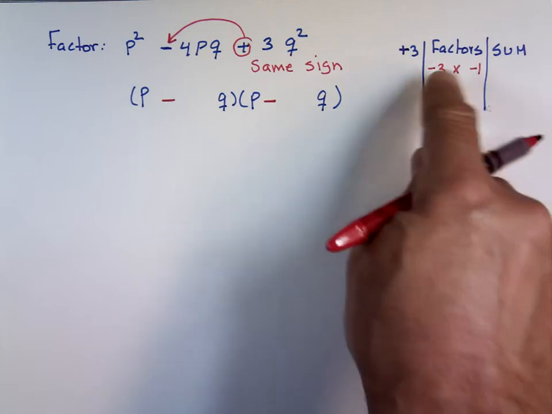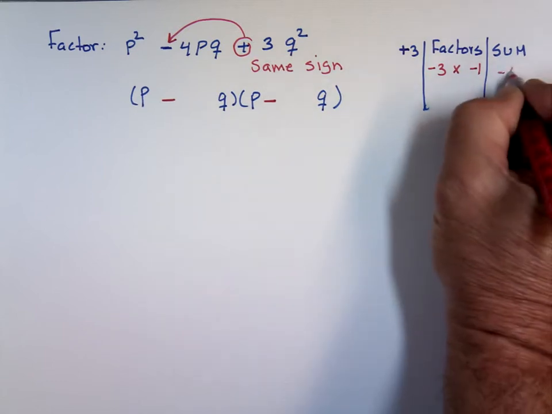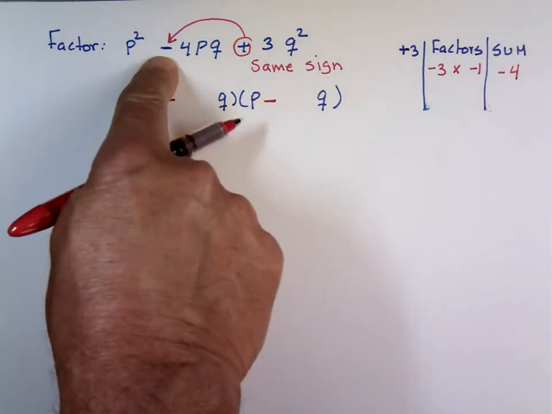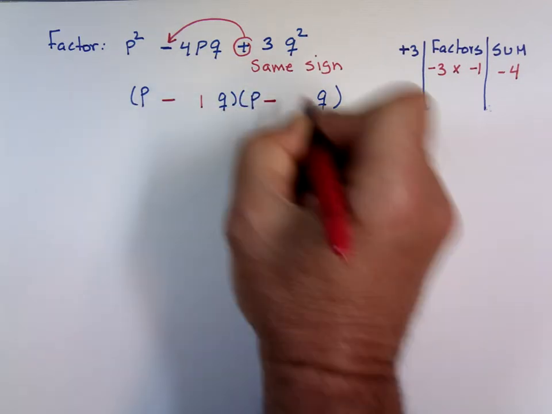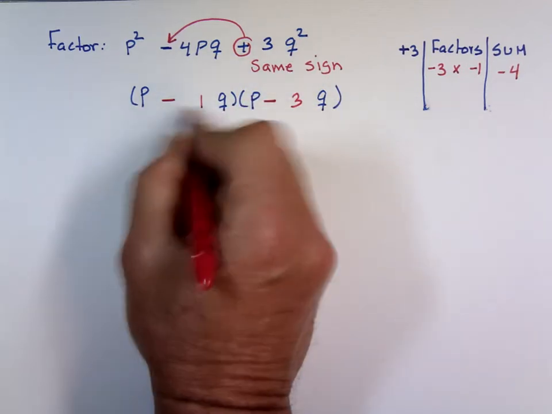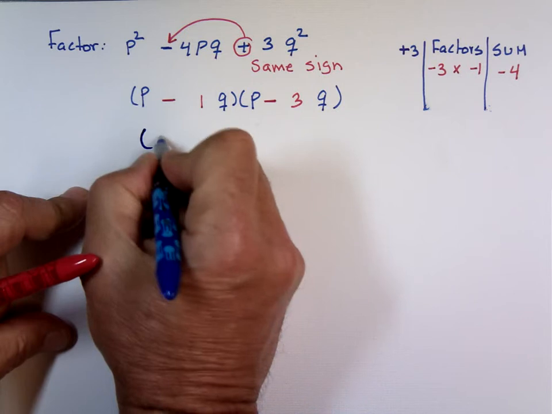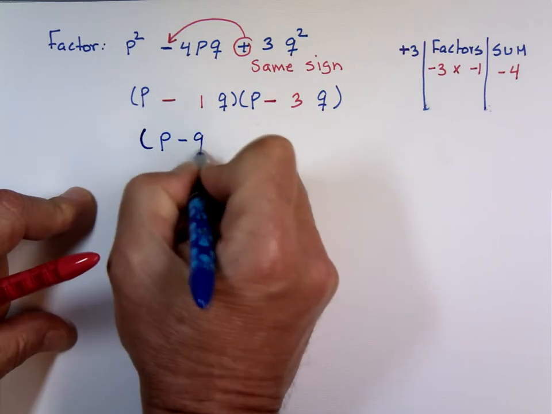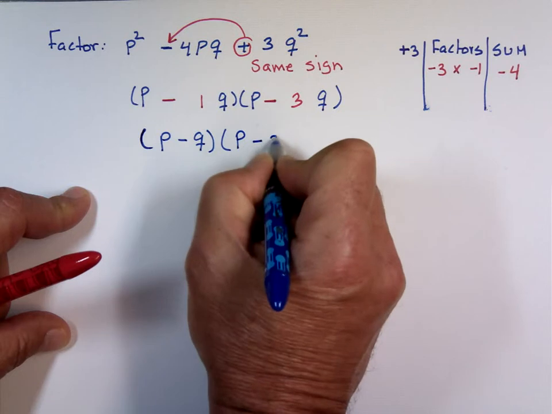Negative 3 times a negative 1. When you add them, that's a negative 4, and that's what you want it to be, negative 4. So my answer, there's a 1 here and there's a 3 there, the negative already here. So my answer becomes p minus q and p minus 3q.